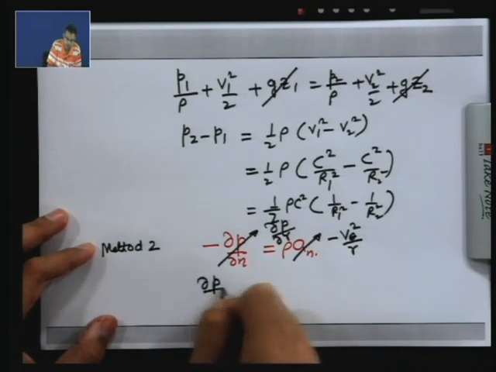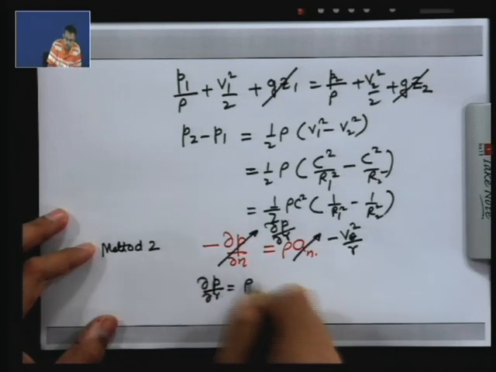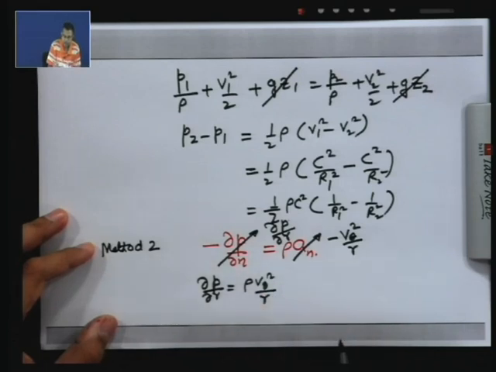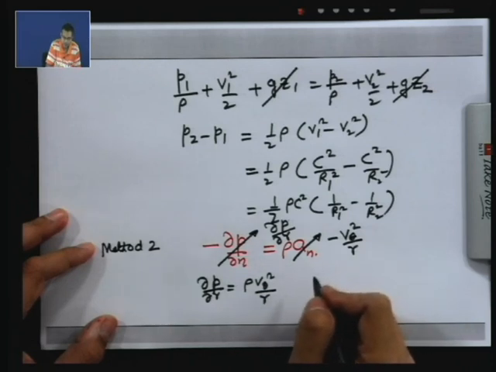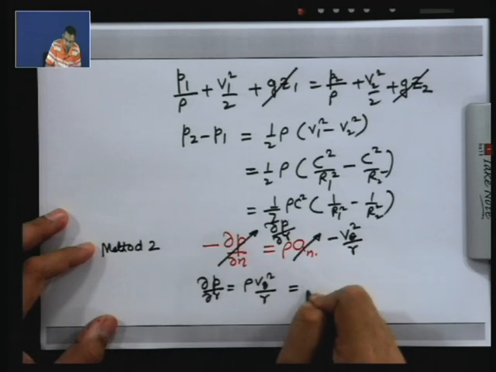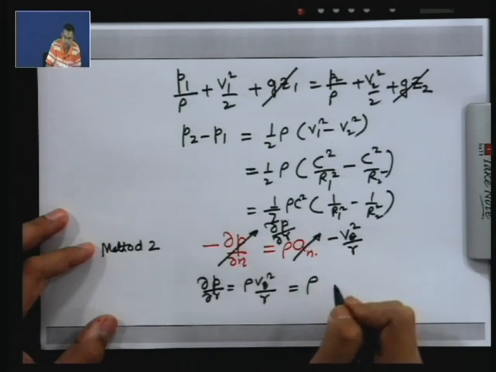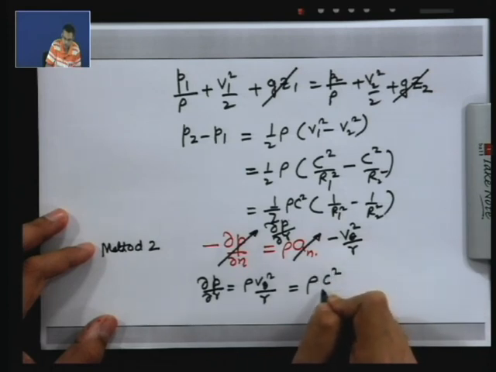So del P del R is equal to rho V theta square by R. If you integrate this now, before that we substitute V theta, so V theta is C by R, so C square by R square into R.